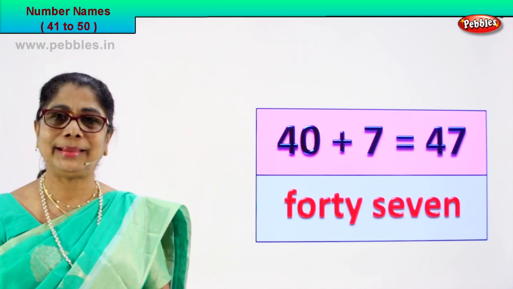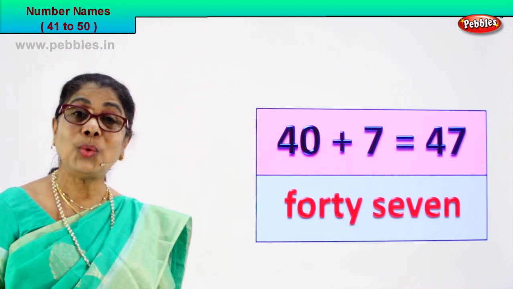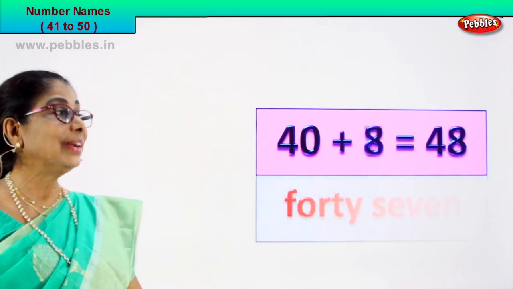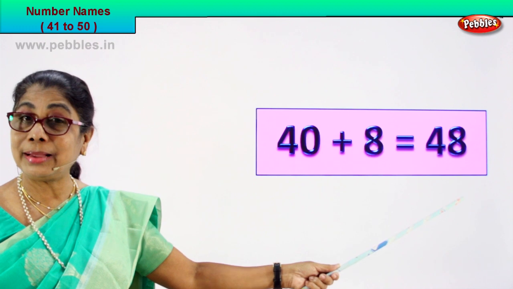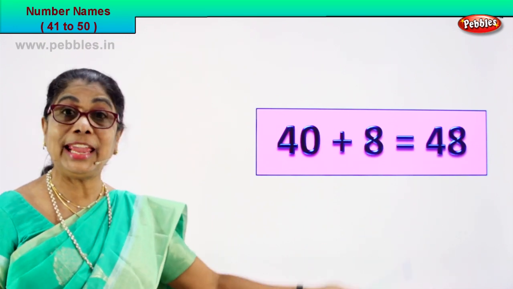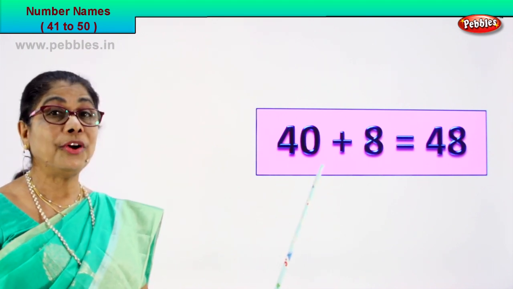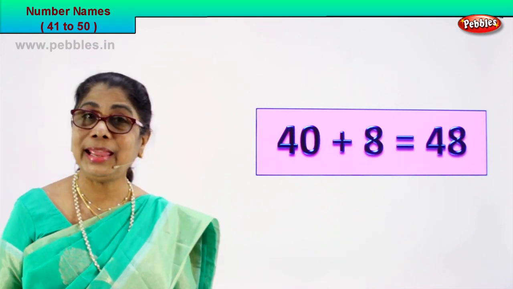What do you think is the number that follows 47? What number comes after 47? Good. After number 47 comes 48. 4 and 8, 48. 4 and 0, 40, plus 8 is equal to 48.